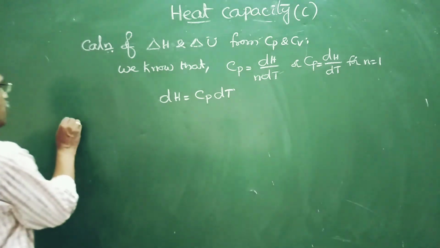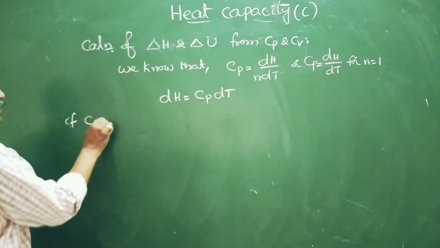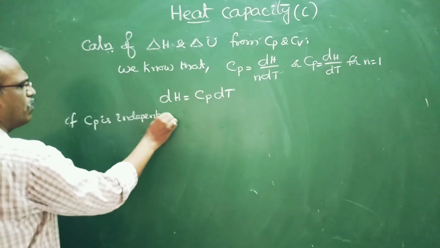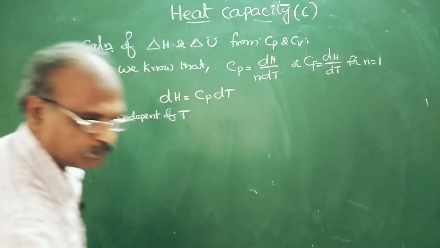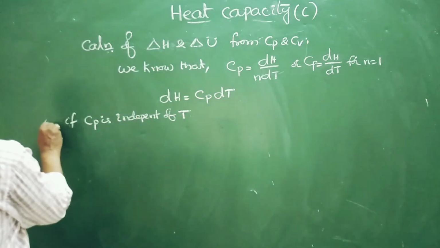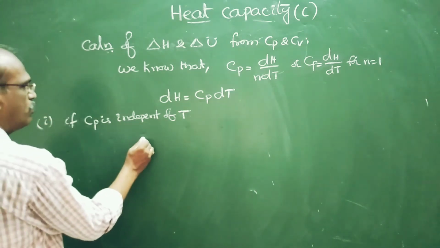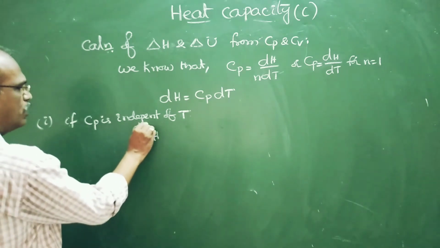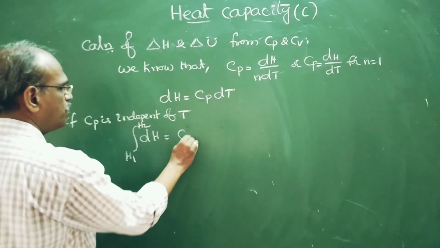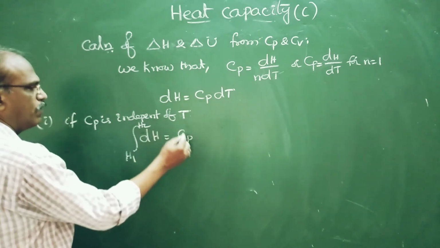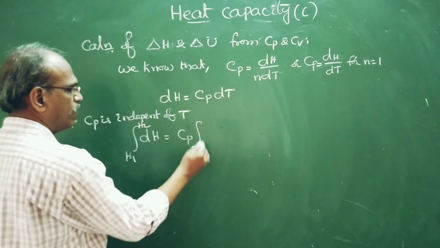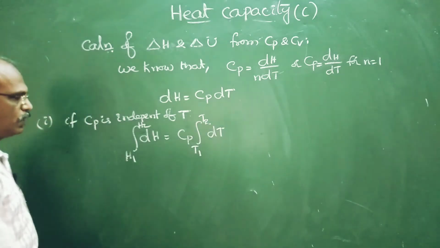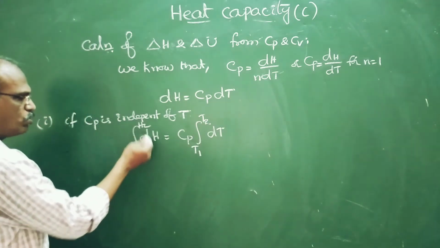If Cp is independent of temperature, see this case. Integral dH from H1 to H2 is equal to Cp, which is now constant, it doesn't vary with the temperature within the temperature limits T1 to T2, dT. Then this is H2 minus H1.